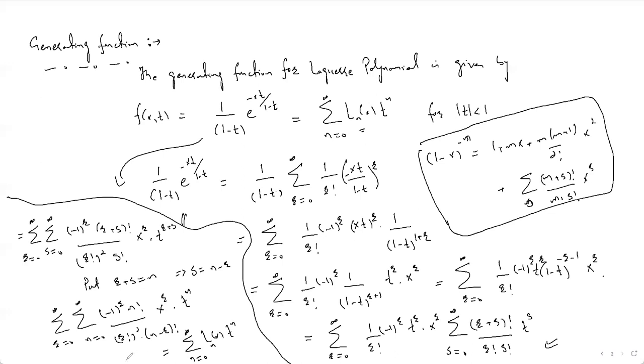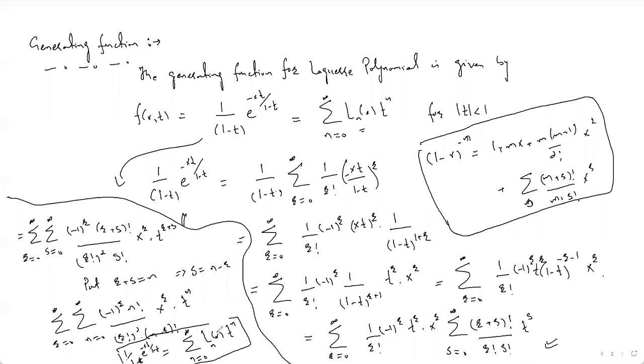So this is actually 1 divided by 1 minus t, e raised to power minus xt divided by 1 minus t. So we find that this particular function generates, the coefficients of t raised to power n are nothing but the Laguerre polynomials.